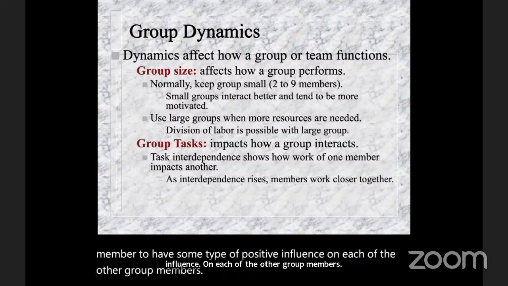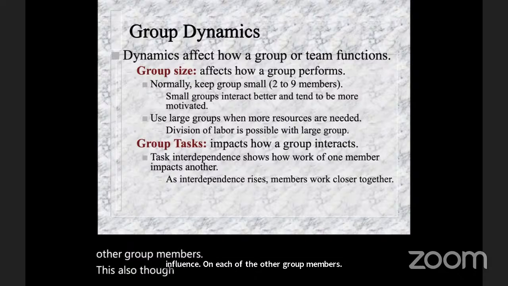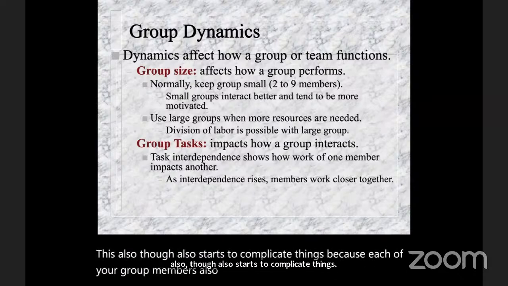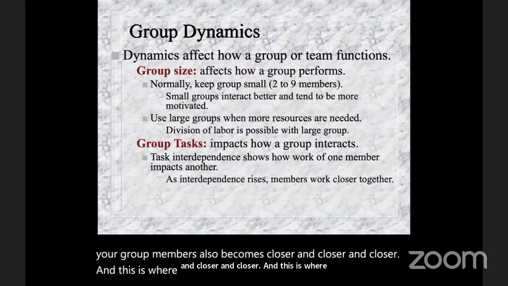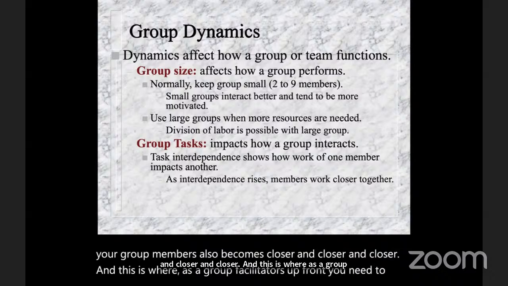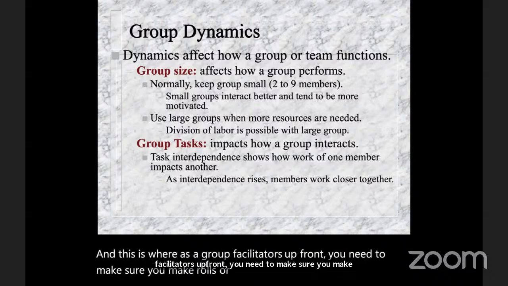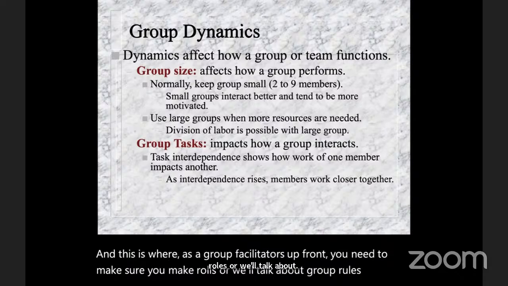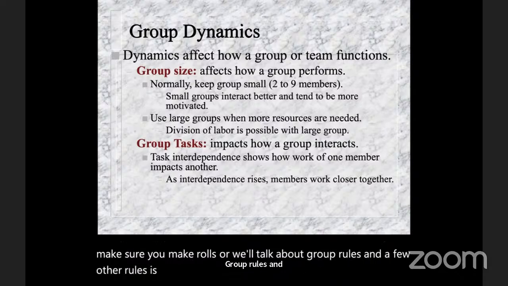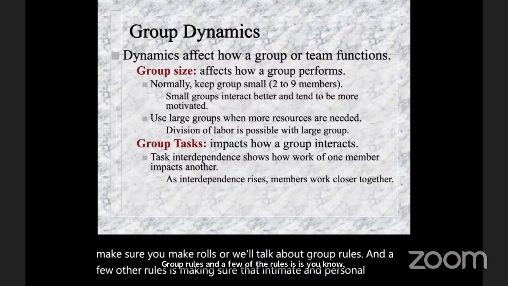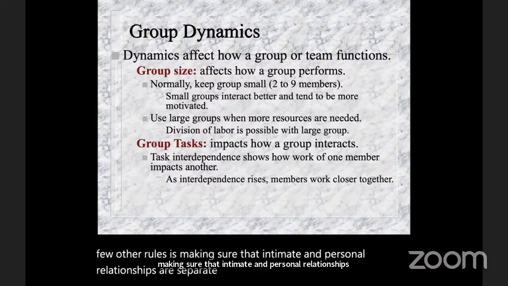This also starts to complicate things because each of your group members also becomes closer and closer and closer. And this is where, as a group facilitator, up front you need to make sure you make roles, or we'll talk about group rules. And a few of the rules is making sure that intimate and personal relationships are separate from the group and the group process.